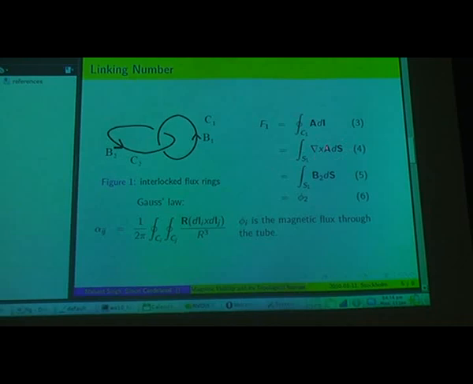And the curl of A is, of course, B. And since you are only integrating over this surface here, the only contribution comes from B2, because B1 is 0 within the surface. So basically you get phi 2, which is the magnetic flux in this tube here.